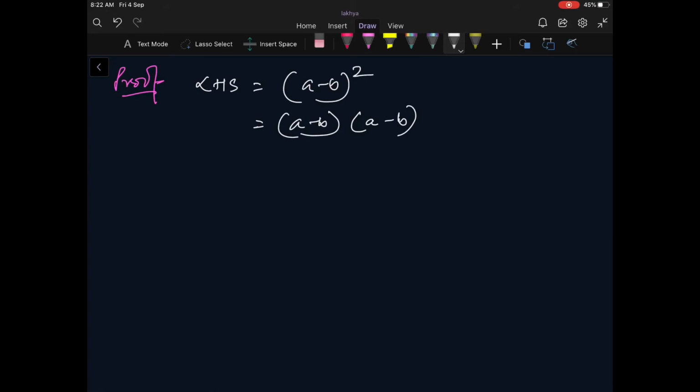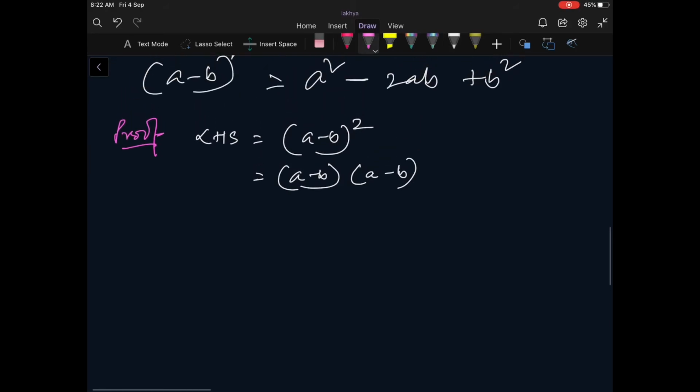Now multiply. How to multiply? a into a gives a square. Then minus a into minus b. This a is positive, so here it is negative, that's why it is going to be minus ab.